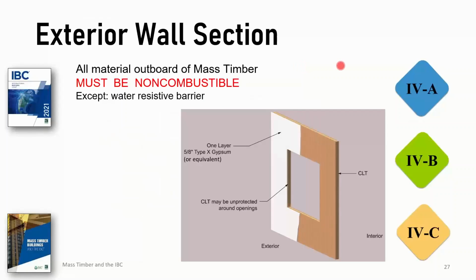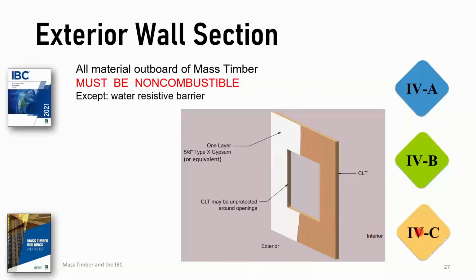Now, going back to the new construction types, 4A, 4B, 4C again, there is a requirement that's specific to the exterior side of the exterior walls, all exterior walls. This slide sort of implies there's just one requirement. There's actually two, but the illustration helps illustrate the two.